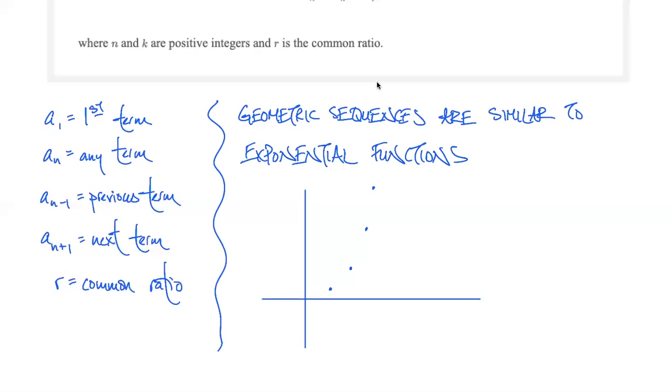Now, if we're cutting things in half instead of multiplying by 2, we're going to get like an exponential decay sort of situation. Okay? But just to kind of frame it in terms of how it's similar to things you already know, a geometric is similar to an exponential function, whereas an arithmetic is similar to a linear function. Okay.